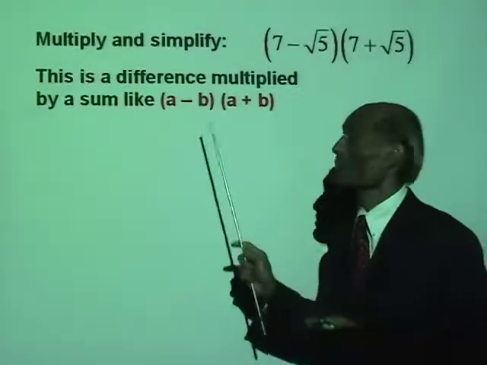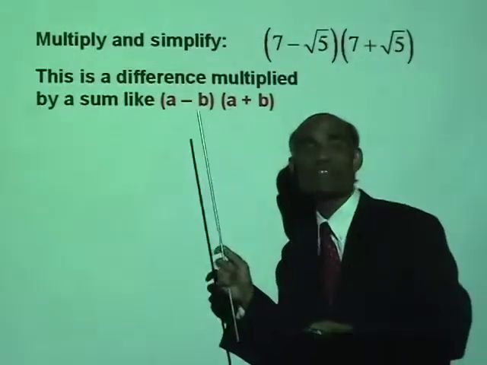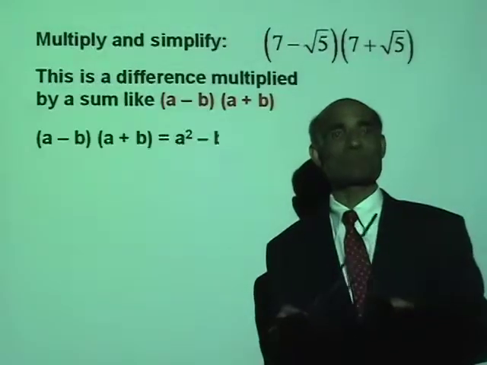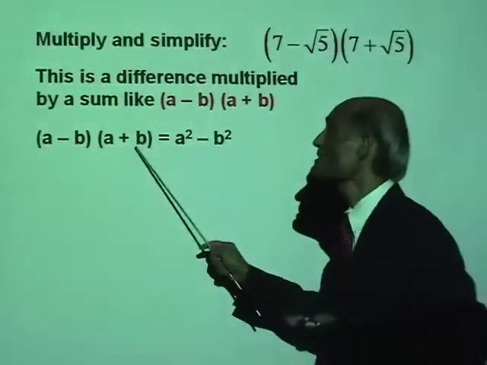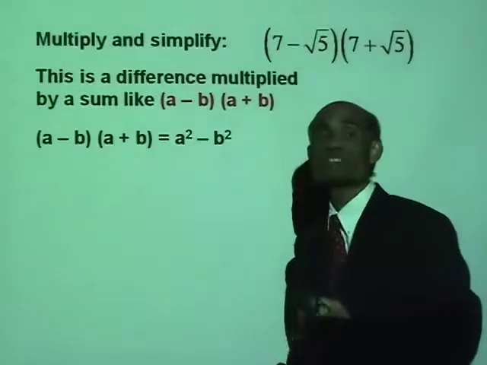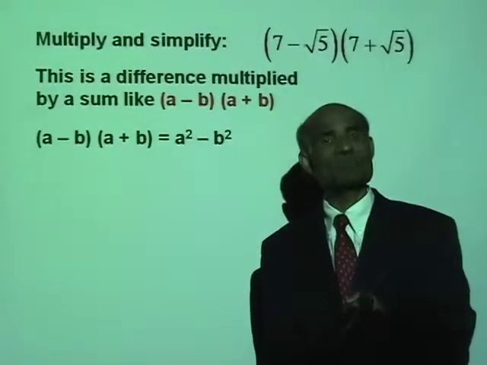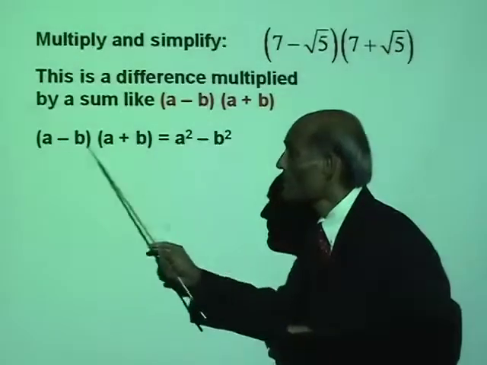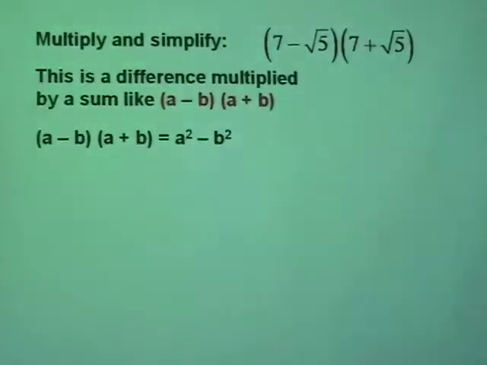Now, do you remember what is the product a minus b times a plus b? A minus b times a plus b is a squared minus b squared. I hope you remember. Well, let's multiply it out and make sure that it is actually that.